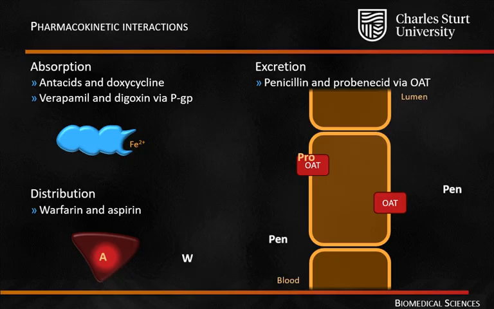This is actually used in an advantageous way, because it will increase the amount of penicillin in the body, so it will do more killing of the bacteria, and so it's beneficial. But because probenecid interacts with the organic anion transporters, and there are other drugs that try to use this transporter to get out of the body as well, it can have negative consequences for other medication.